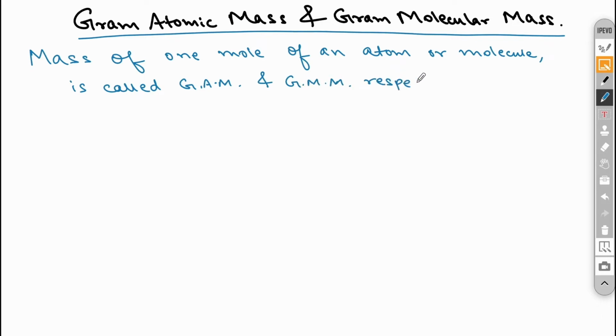So this is the simple definition for gram atomic mass and gram molecular mass.